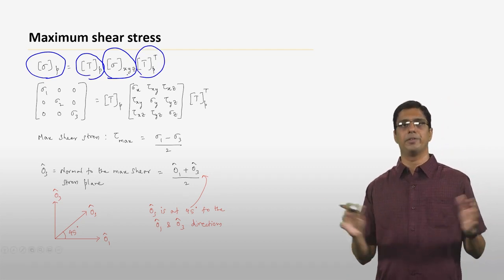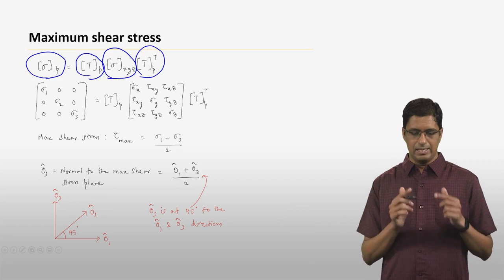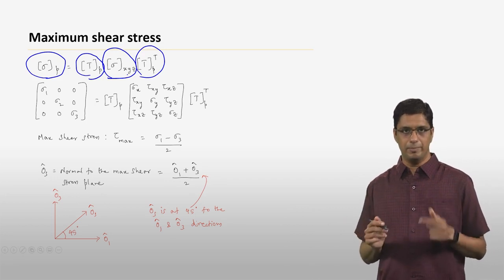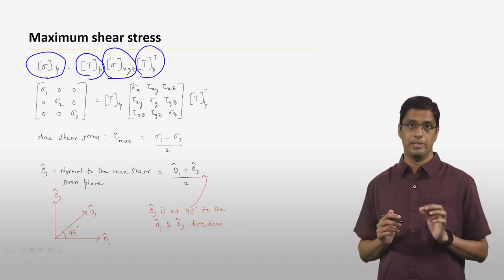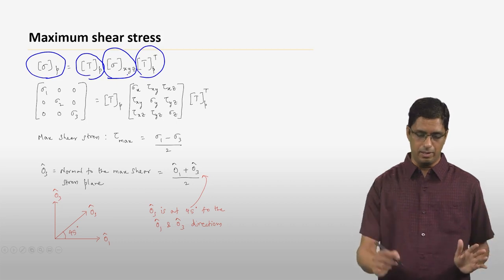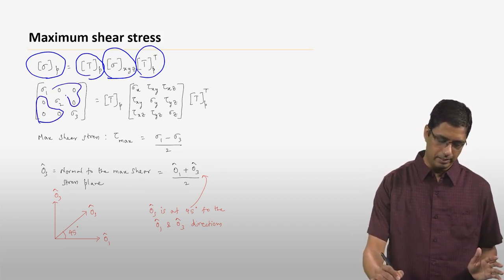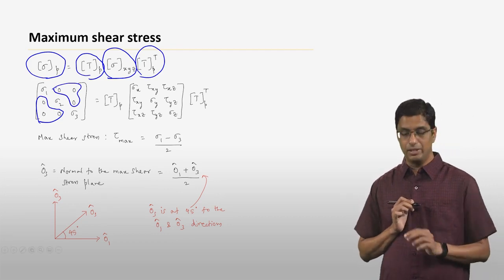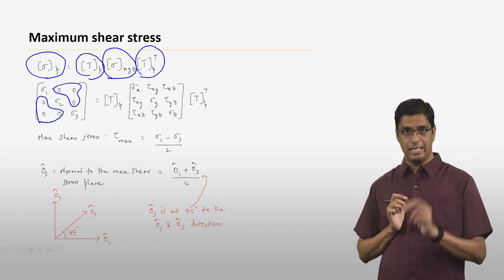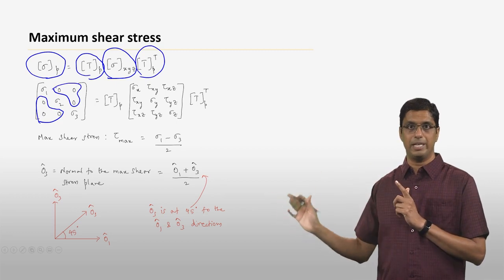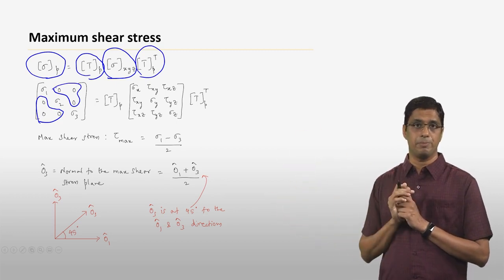If you want to write it more explicitly, sigma 1, sigma 2, sigma 3, because remember, in the principal coordinate system, the shear stresses are 0. So all these off-diagonal terms are 0. And that is equal to TP times sigma in the XYZ coordinate system times TP transpose.